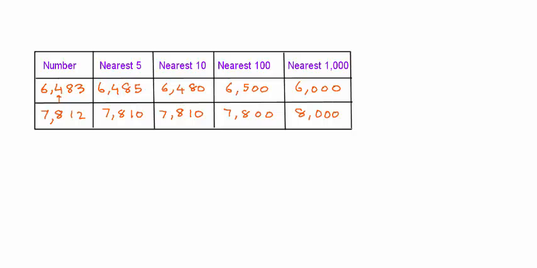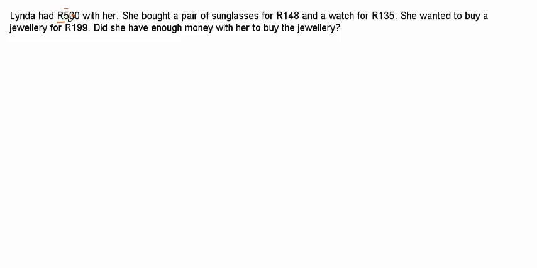Let's look at an example. Leander had 500 Rand with her. She bought a pair of sunglasses for 148 Rand and a watch for 135 Rand. She wanted to buy a jewelry for 199 Rand. Did she have enough money with her to buy the jewelry?